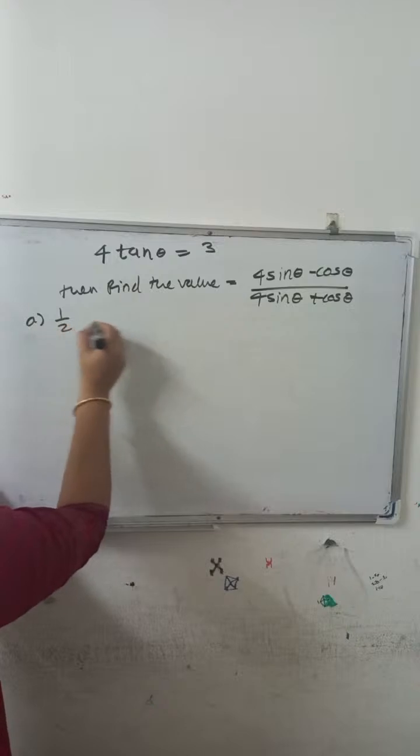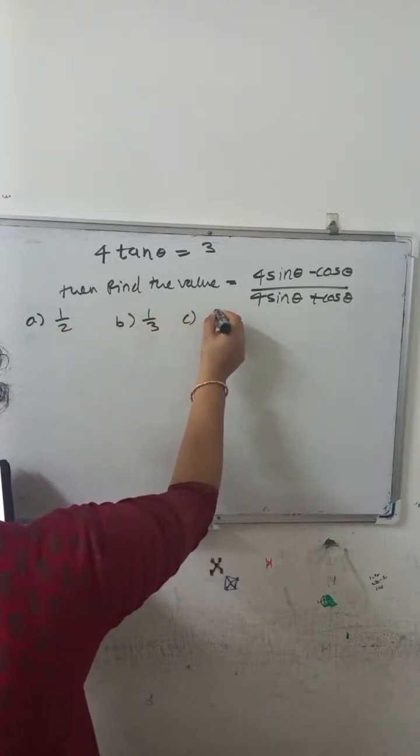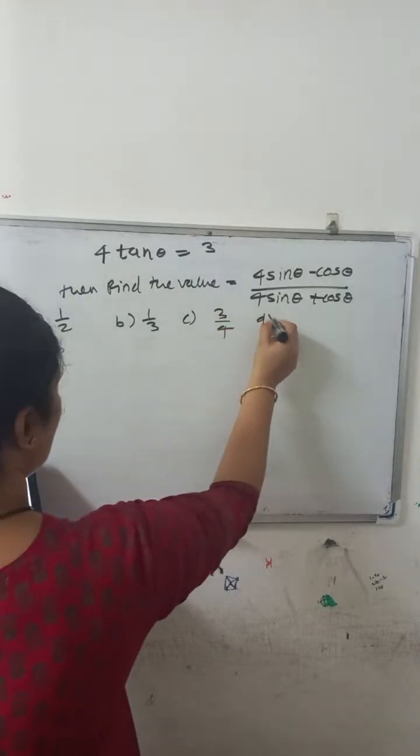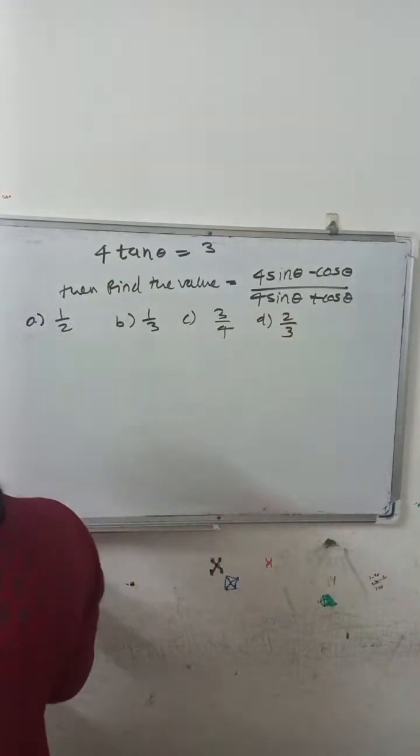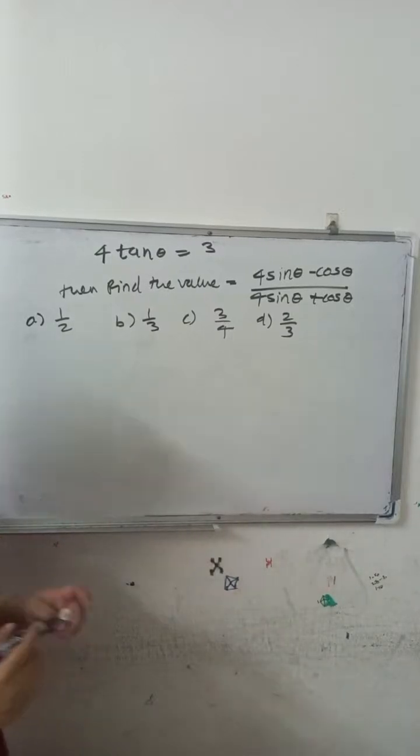Option A is half, B is 1 by 3, C is 3 by 4, and D is 2 by 3. Okay, so this is the question.